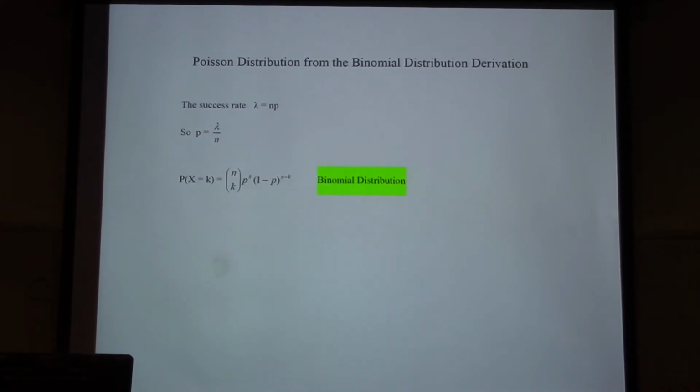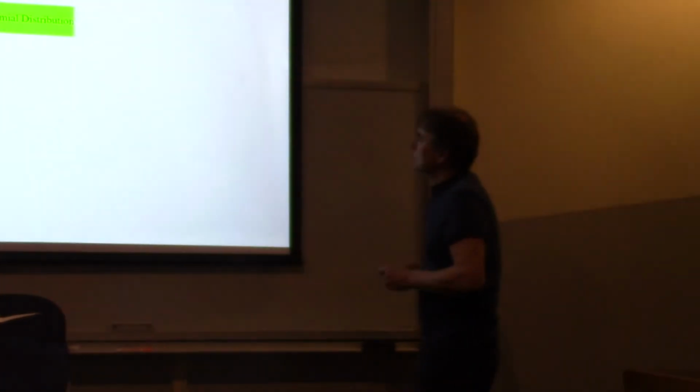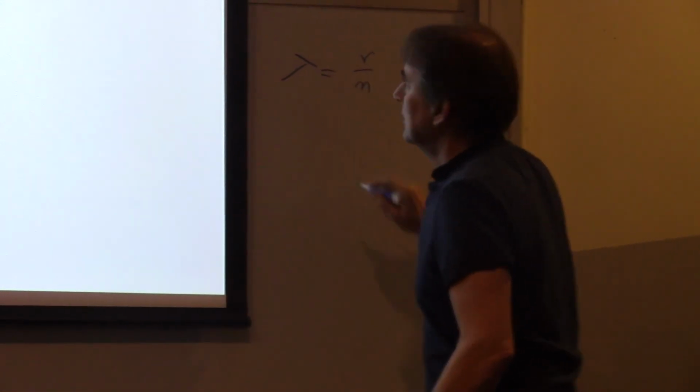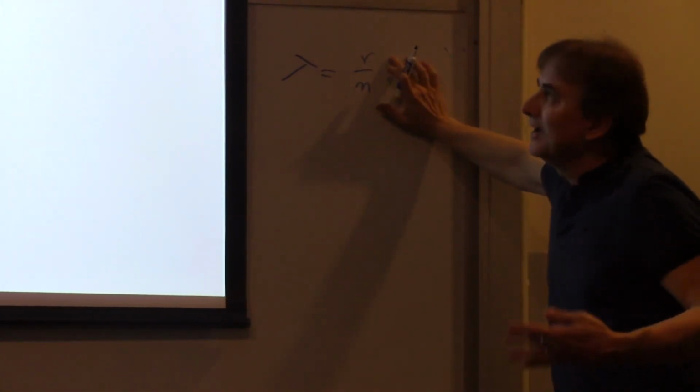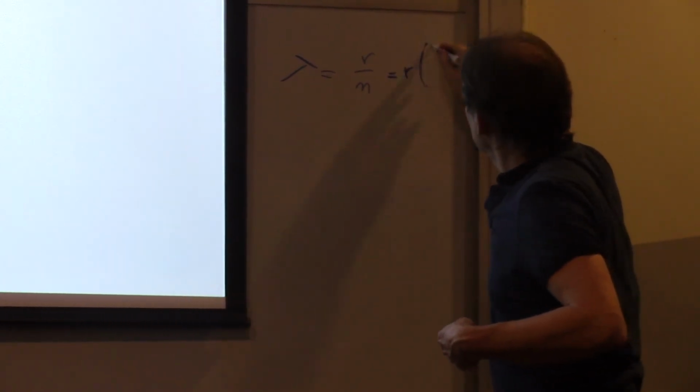So if you write it like this, I'll just show it to you so that you can refer to it and know where it came from. We have lambda equal to R over N, where N is really R and P is 1 over N. This is R times 1 over N, right?